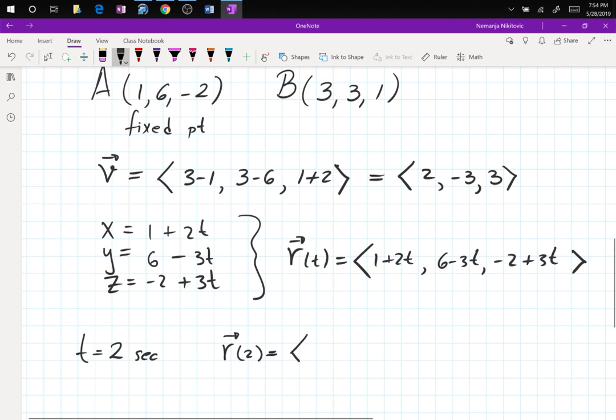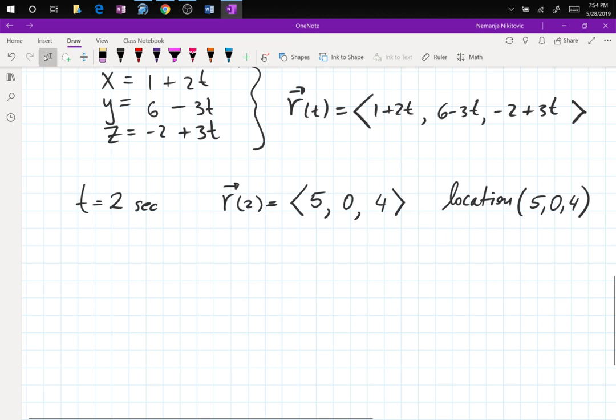Plug in 2. The vector would be 5, 0, 4, and the location would be (5, 0, 4). And we know the way to graph that, right, by counting 5 down the x-axis, 0, and then going strictly up. So if we want to graph this, we would count 1, 2, 3, 4, 5 to get our 5, 0, 0 location.